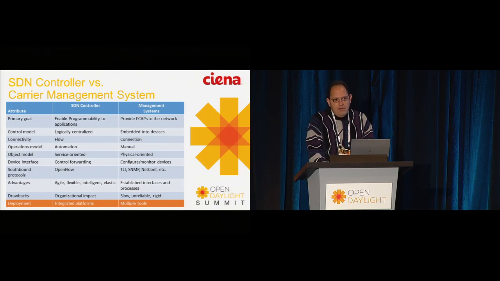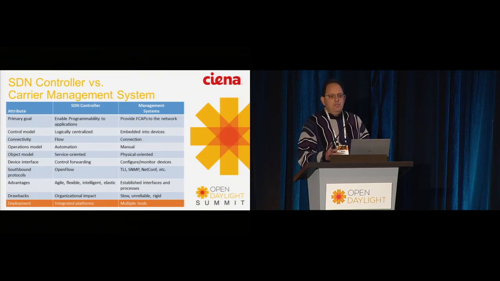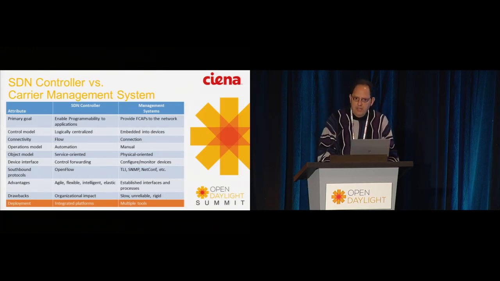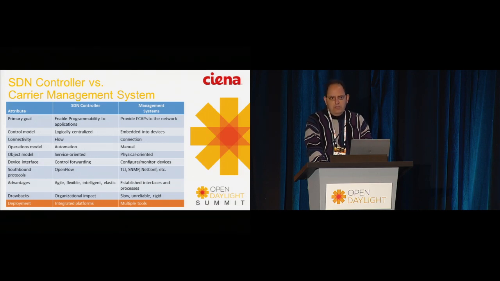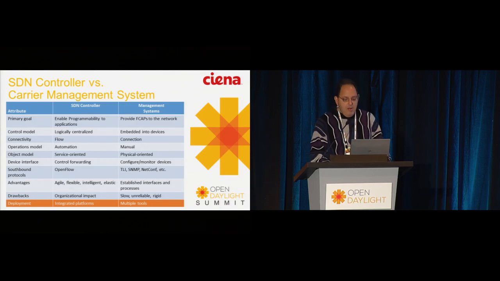The control model varies as well. It's assumed that a software-defined network is really about logically centralizing intelligence. That's a key aspect of the SDN architecture, as opposed to management systems, which are more built around an embedded model. And you think of the autonomous system model of the internet, where nodes make decisions and protocols are really built around individual devices making decisions around what their configuration and state and behavior might be.